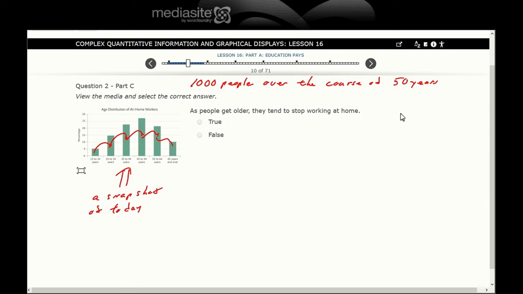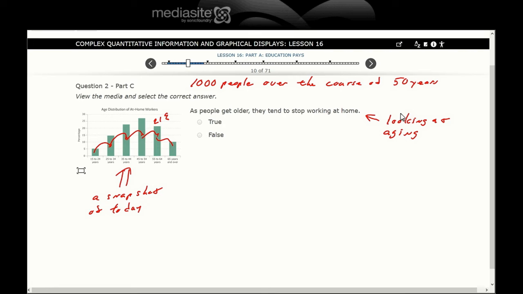So the question here is, as people get older, so this is looking at aging, which is what these little jumps are. What we have here is a picture of, okay, today, if you're 55 to 64, about 21% of you work at home.